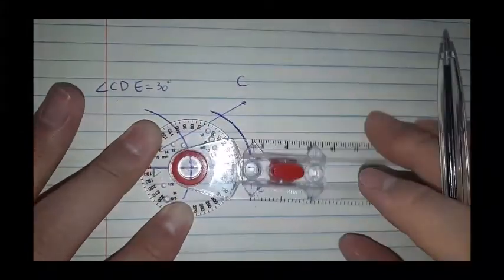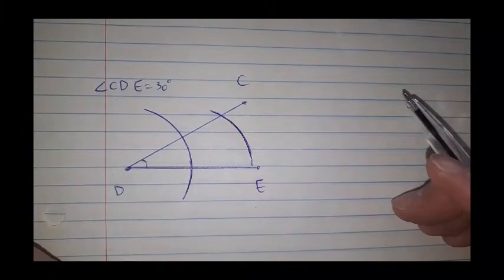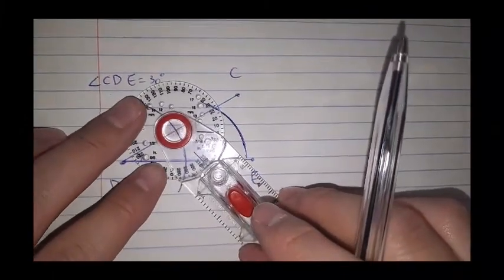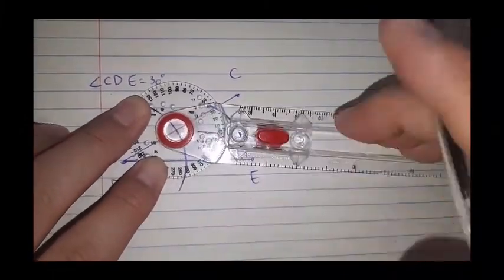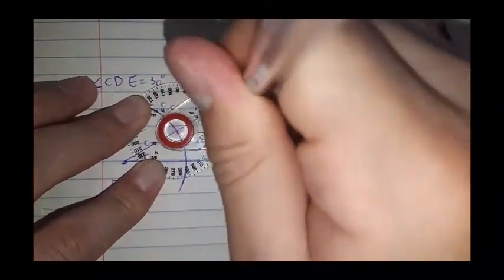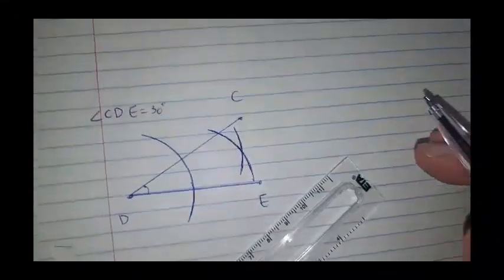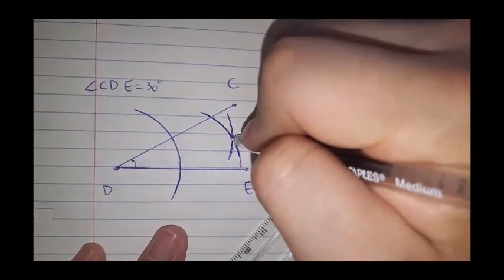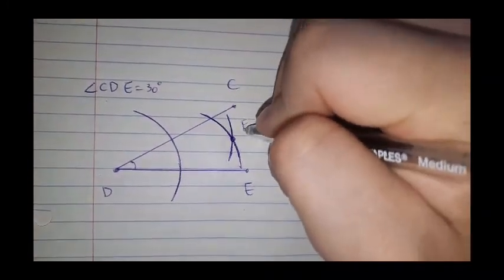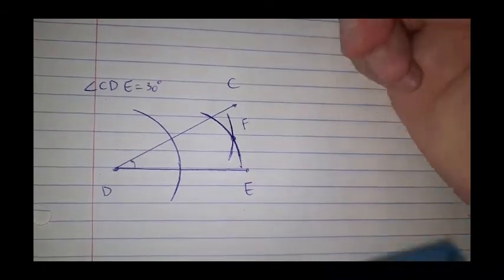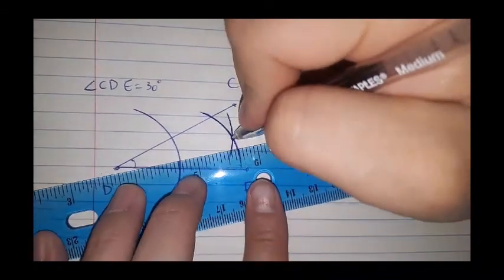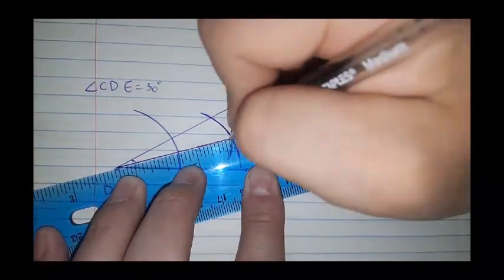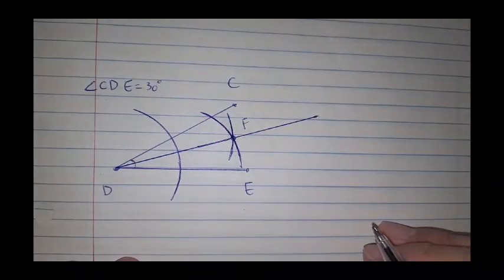Create a circle, part of a circle if you will, and then do the same thing for the other intersection point. And this X-shaped intersection point, which I'm going to call F, is the one that I need to connect with point D. That's what you need to do.